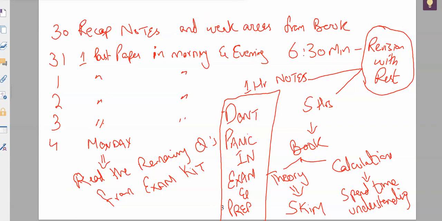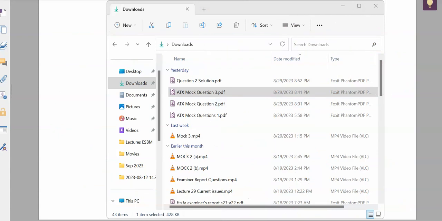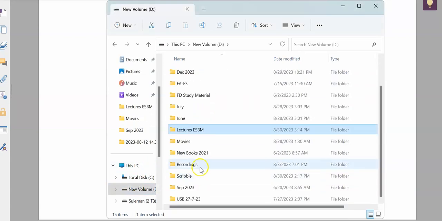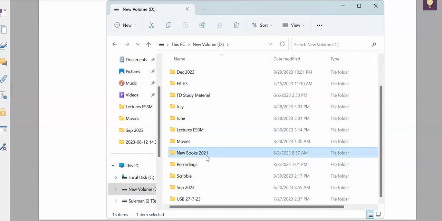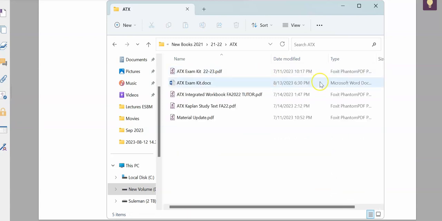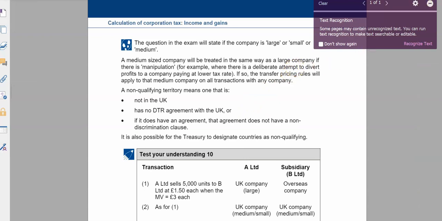Okay, so I am moving to the book, and I will be telling you one or two more things. So I am just going to remove this because it is all above my screen. Okay, can you see the book?